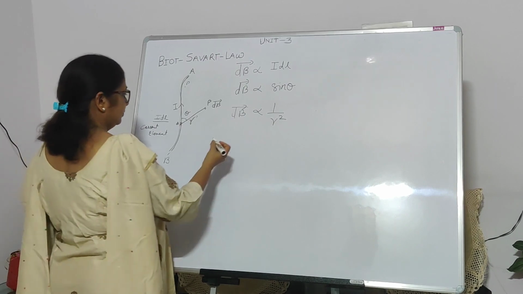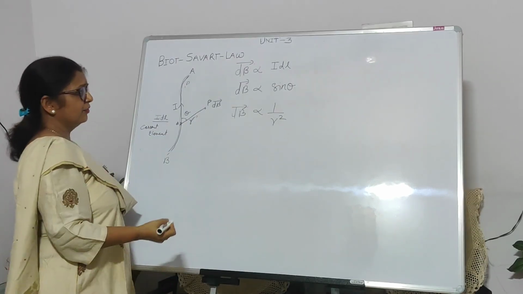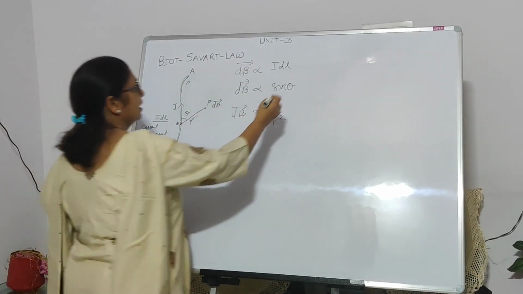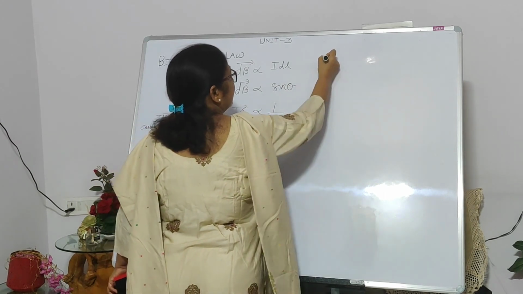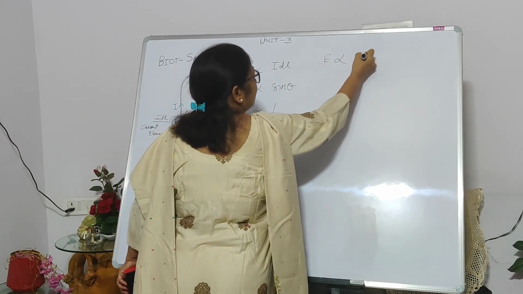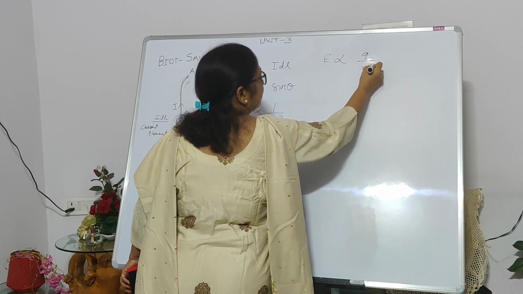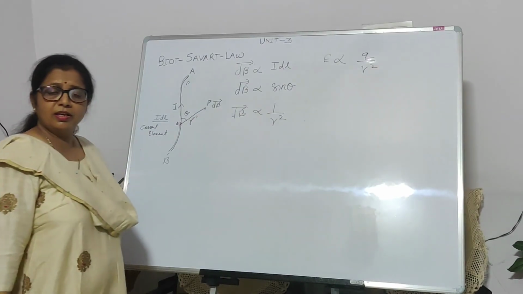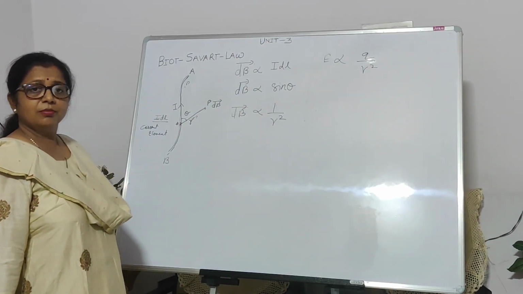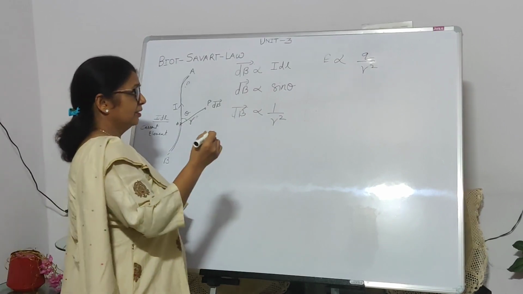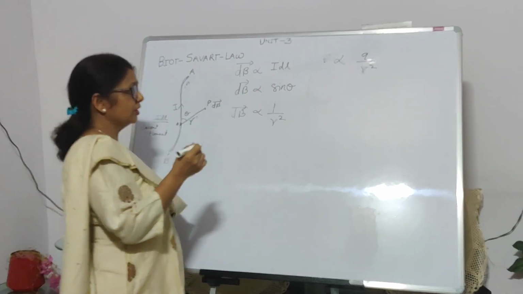In the first unit we saw that the electric field intensity is directly proportional to Q and inversely proportional to the square of the distance between the charge and the observation point.